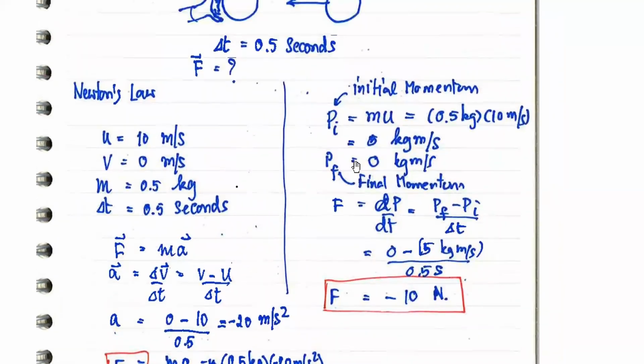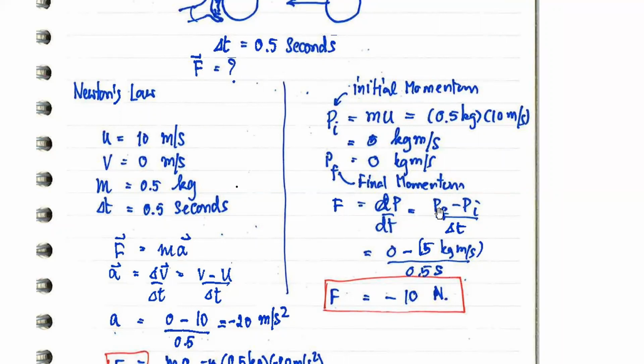Now, if we look at it in terms of momentum, we first find the initial momentum. The initial momentum is 0.5 times 10 meters per second, and that is 5 kilogram meters per second. And the final momentum is 0 because the ball stopped. So by definition, force is equal to the change in momentum over time, or the rate of change of momentum.